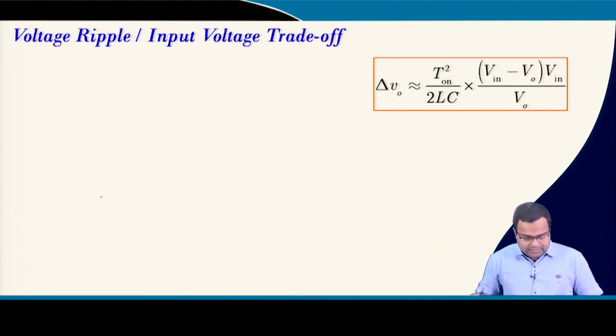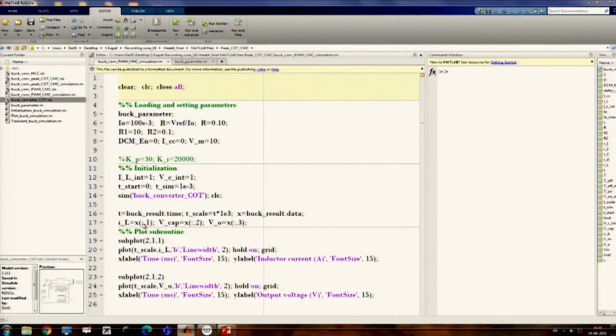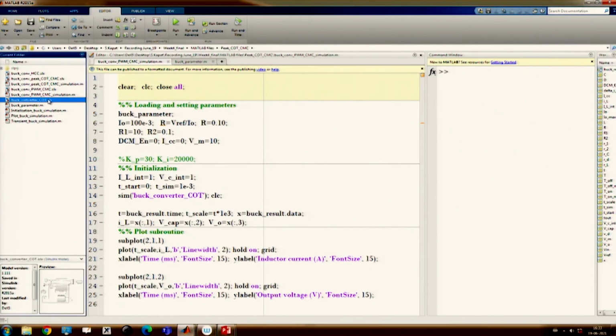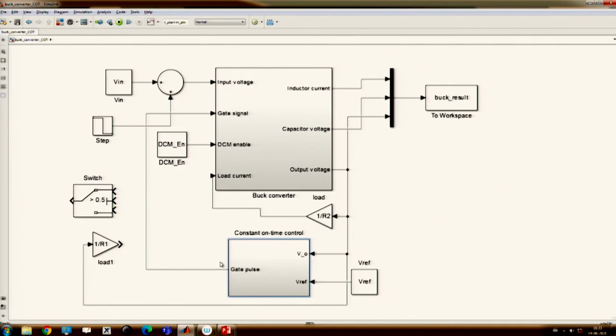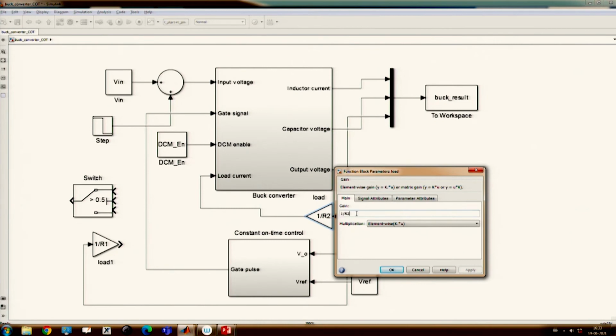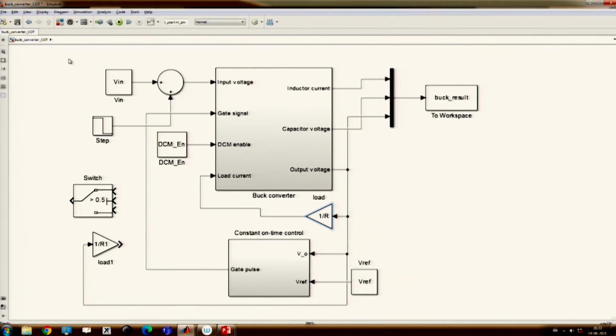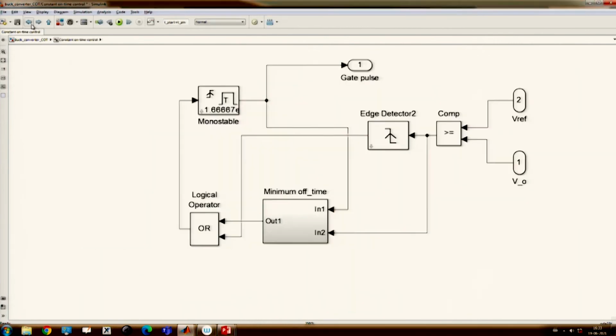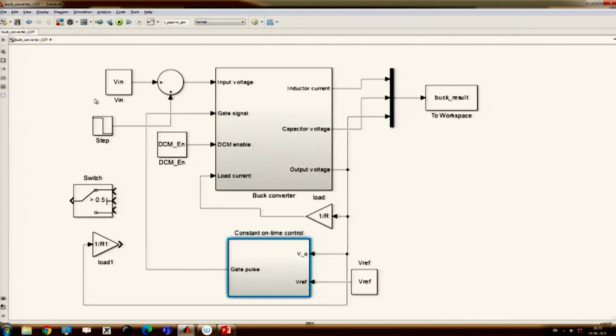Let us take a simulation. Let us go to our MATLAB model and check our simulation case study. We are talking about constant on time control and the light load condition, with two load conditions.